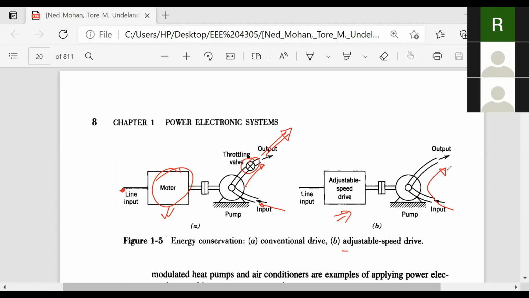So if you use power electronics here, you will have a controlled flow of water. Suppose you are trying to fill up a field irrigation. You can change the rate of discharge of the water. This is one example of energy conservation. So in energy conservation, we can use power electronics, and we have to use it.